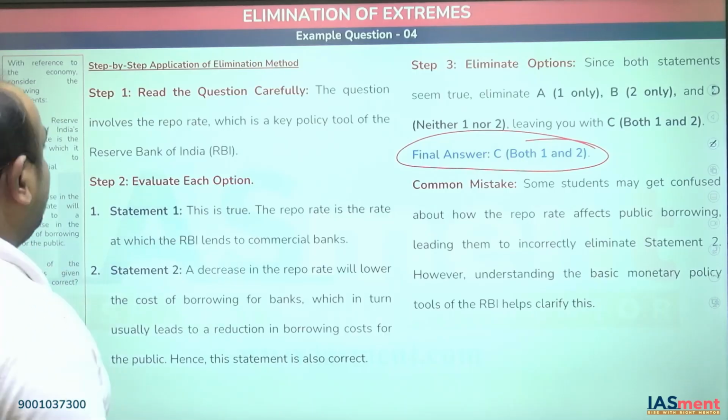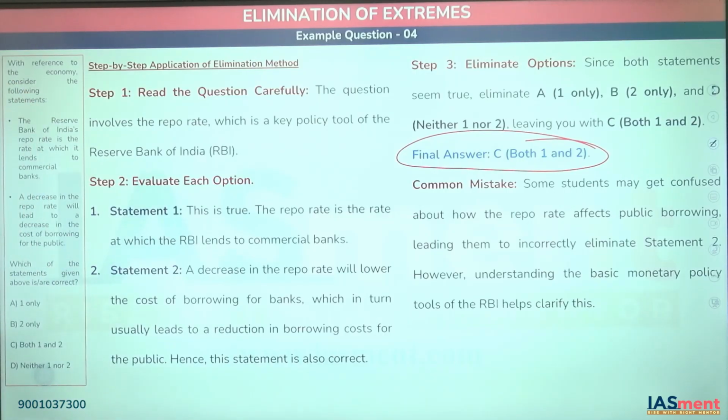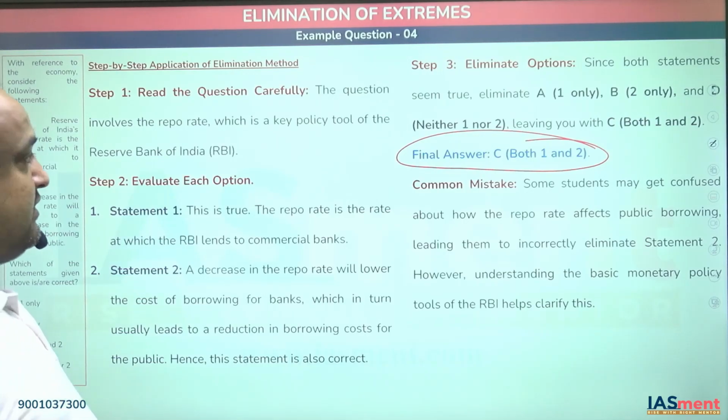The question involves the repo rate, which is a key policy tool of the RBI. Statement 1 is true. Repo rate is the rate at which RBI lends to commercial banks. Statement 2. A decrease in repo rate will lower the cost of borrowing for banks, which in turn usually leads to a reduction in borrowing costs for the public. Hence, this statement is also correct.